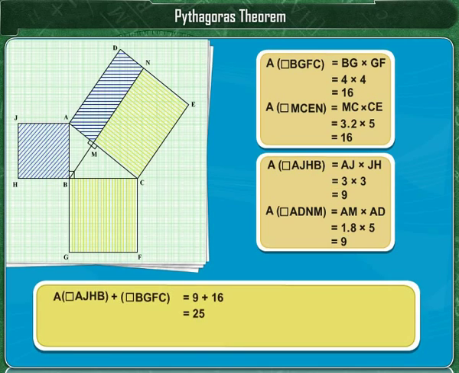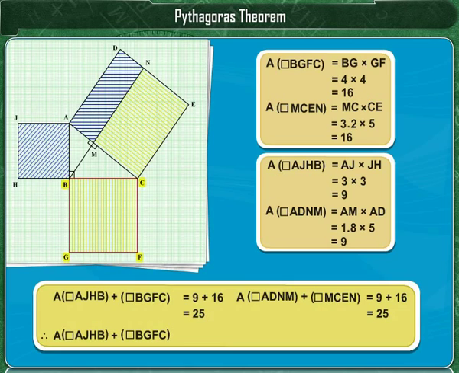Now, if we add the areas of both the squares and compare with the sum of areas of two rectangles, we will find area of square AJHB plus area of square BGFC is equal to area of rectangle ADNM plus area of rectangle MCEN. Is it not interesting to know that this is the Euclidean proof for Pythagoras theorem?